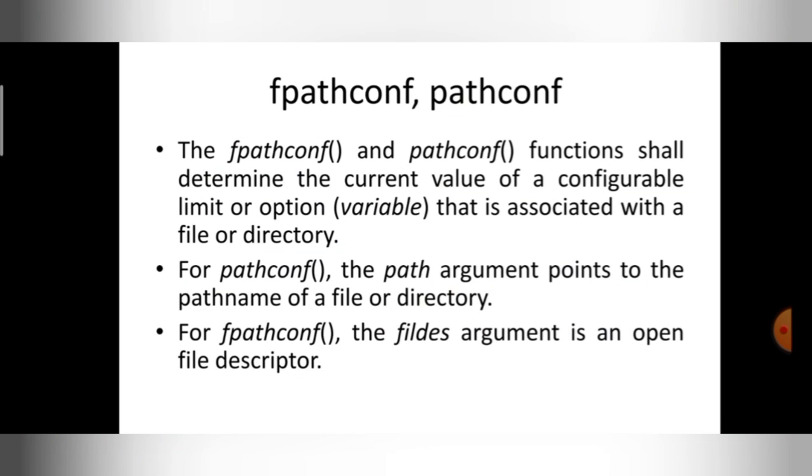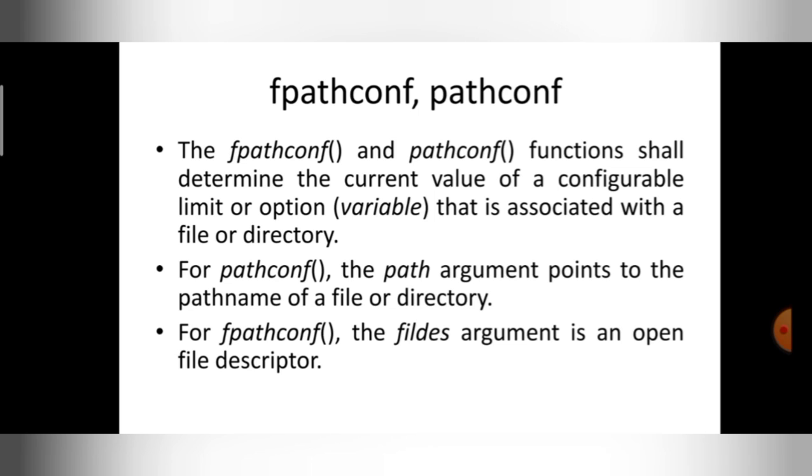Next, fpathconf, pathconf. So what does it do? Sysconf, you know that, right? In the same way, fpathconf and pathconf functions shall determine the current value of a configurable limit associated with a file or a directory. So what is the difference here? Sysconf is going to tell about the limits that are assigned to a system.